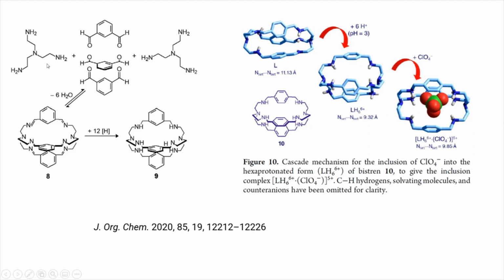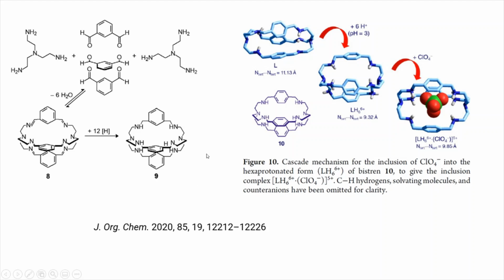These kinds of reactions form this compound which is called bistren. This compound also can be used to make metal complexes or other chelate complexes for applications in materials chemistry.